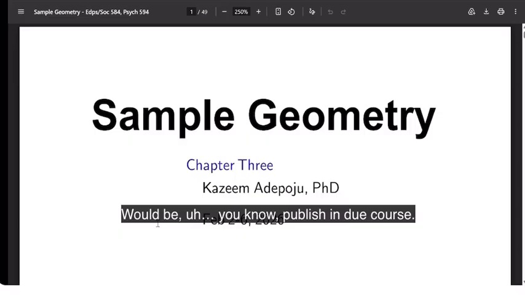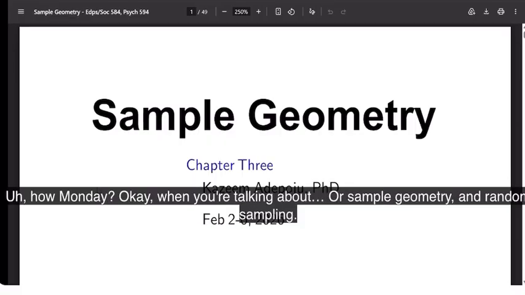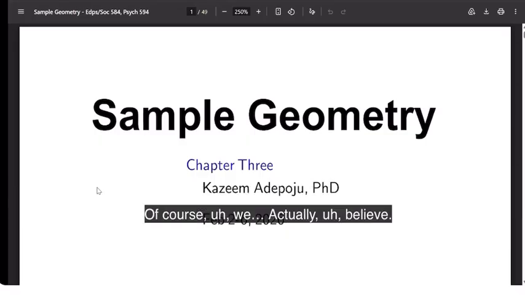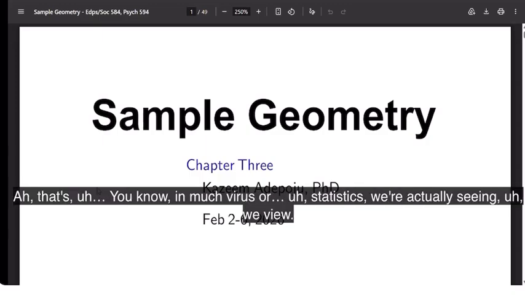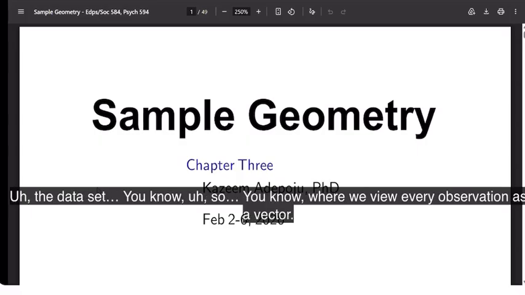Okay, so as a recap to what we did on Monday, when we're talking about sample geometry and random sampling, in multivariate statistics, we view the data set where we view every observation as a vector in p-dimensional space.